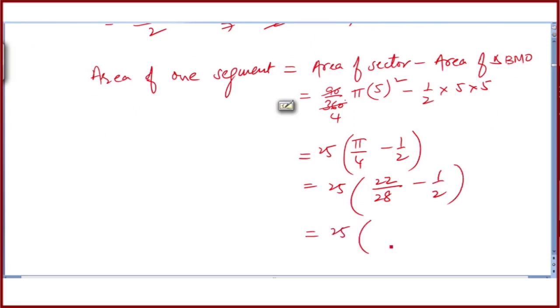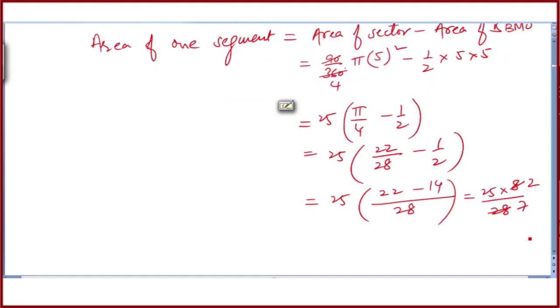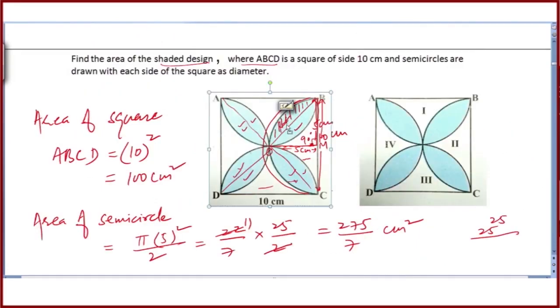So, this is 25, 22 minus 14 by 28, okay. And this is 8 by 28, so 25 into 8 by 28, 50 by 7. This is area of one segment, right, this segment.